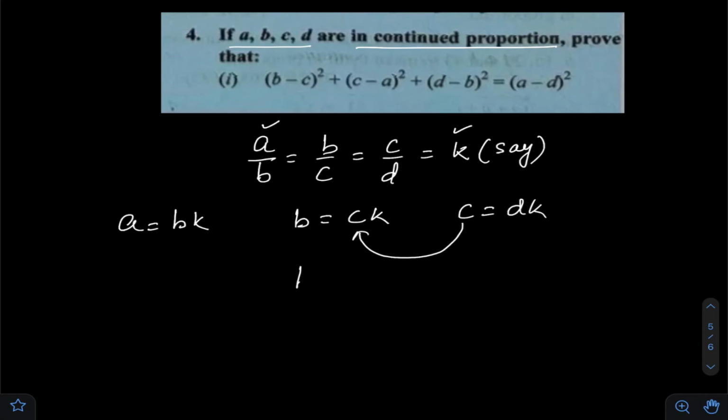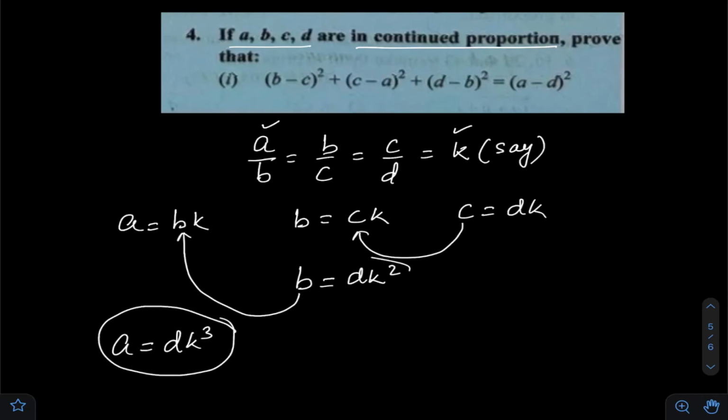So it's coming b equals dk square. Now substitute the value of b from here to here. So a is coming dk cube. This value, and this value we are going to put in left hand side and right hand side separately.